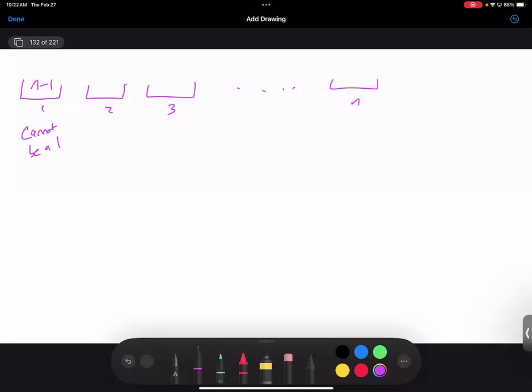How many choices do I have for the second one? Why n minus 2? Only had n minus 1 remaining, you can't put 2 in spots. But what if I put 2 in the first spot?